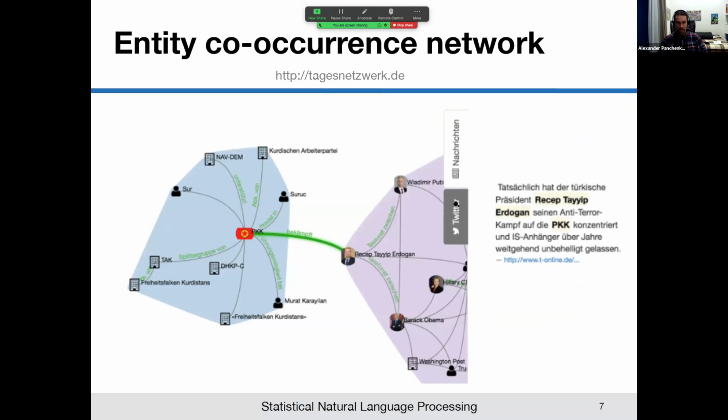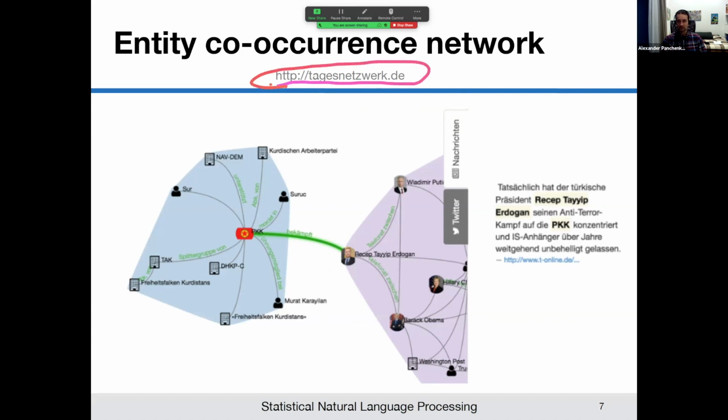And here's just another example of a similar entity co-occurrence network. This network is built using the Network of the Day tool, which has been proposed by German colleagues.